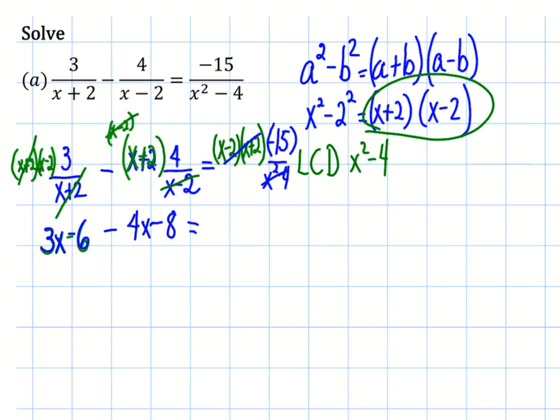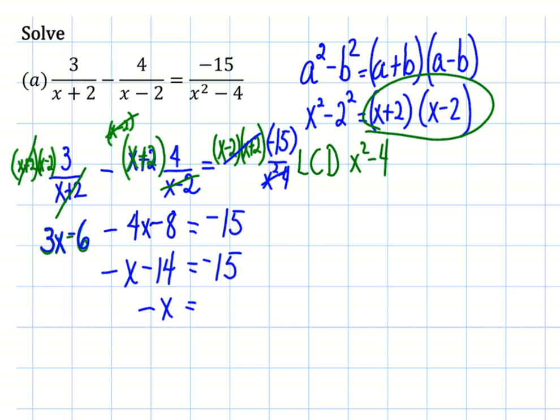And at the top, I just have the negative 15. Simplifying, combining all of my x's, I have a negative x and a minus 14 is equal to a negative 15. I'm going to go ahead and add 14 to both sides.